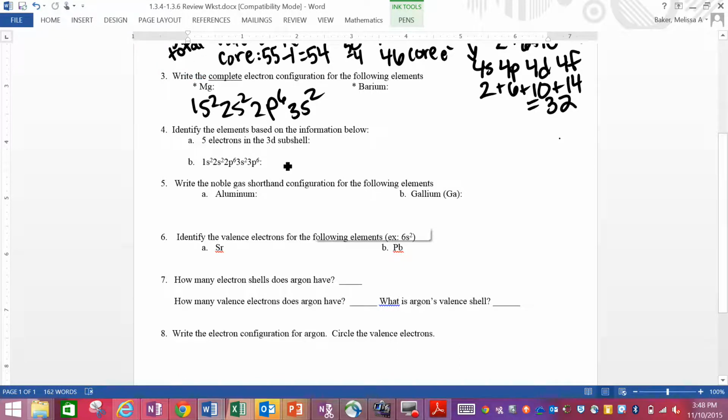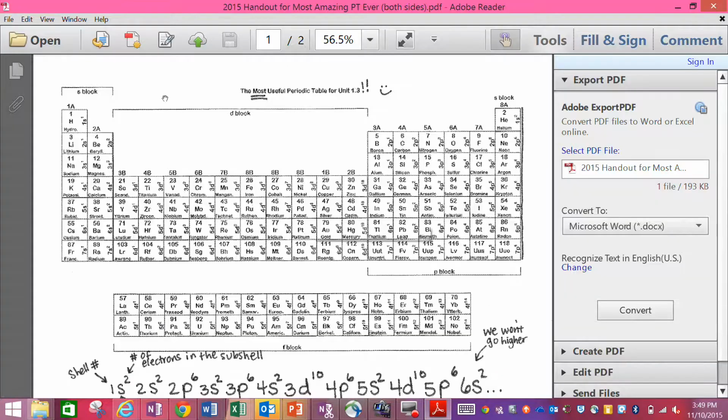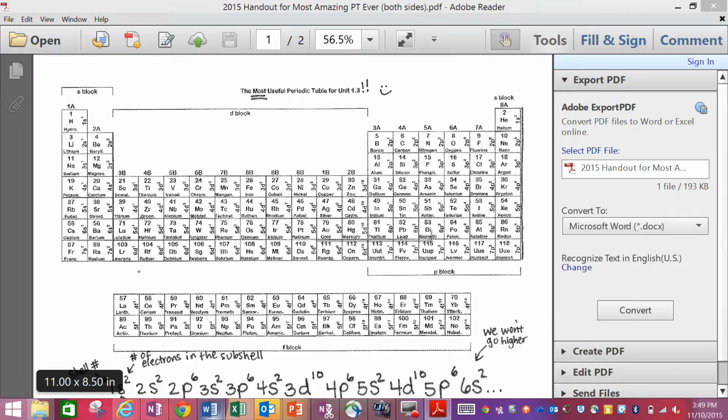How about barium? Well, barium's the same thing. It's just going to be really long. 1s2, 2s2, 2p6, 3s2, 3p6, 4s2. Then it skips down 1 in the transition metals. 3d10, 4p6, 5s2, 4d10, 5p6. Finally, you get to Ba, which is 6s2.